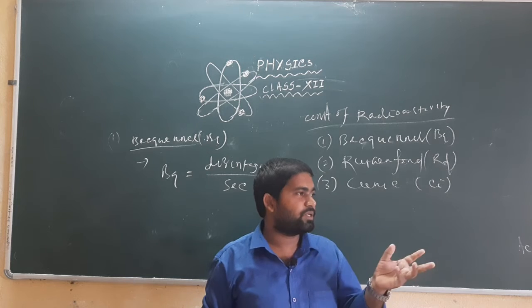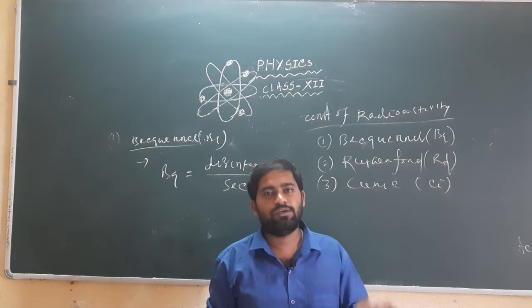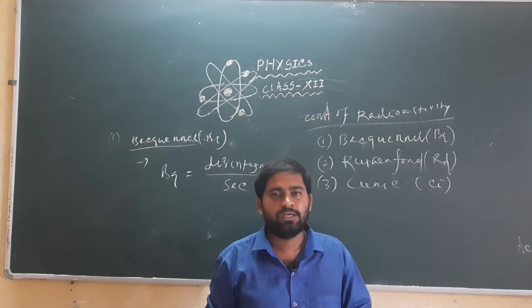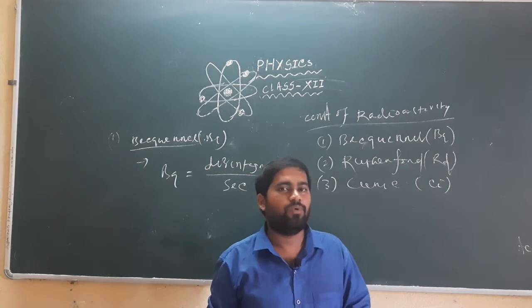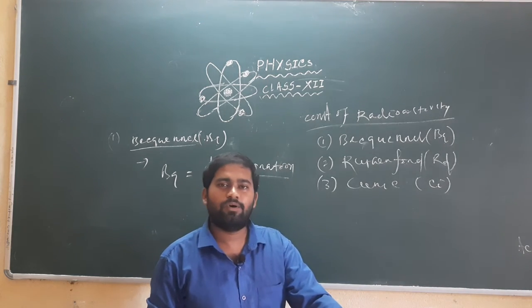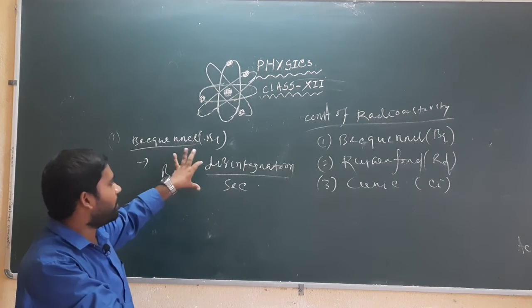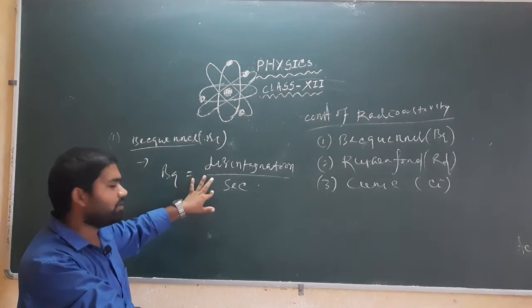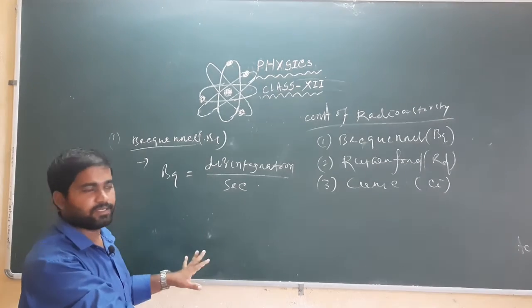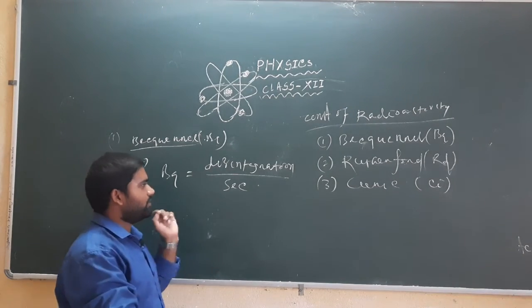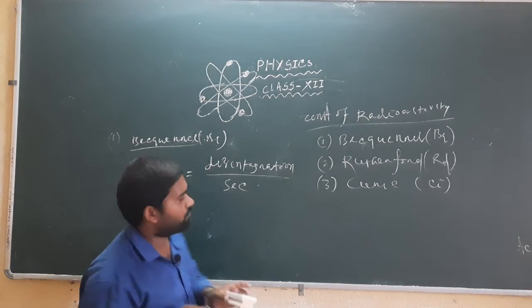So Becquerel is defined as a decay rate of 1 disintegration per second. Understand?